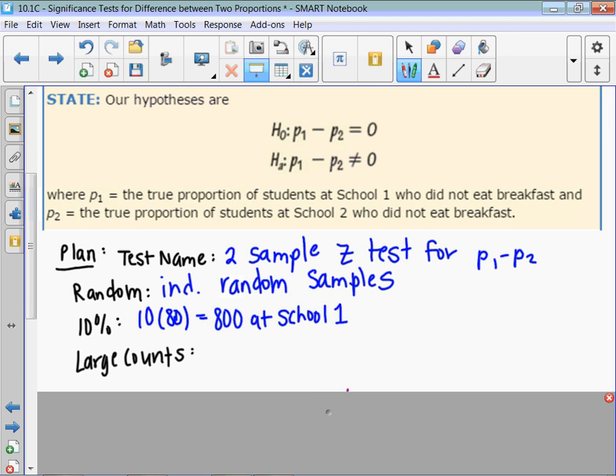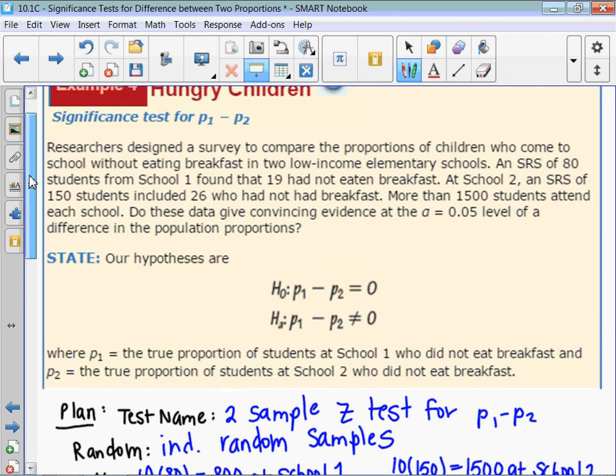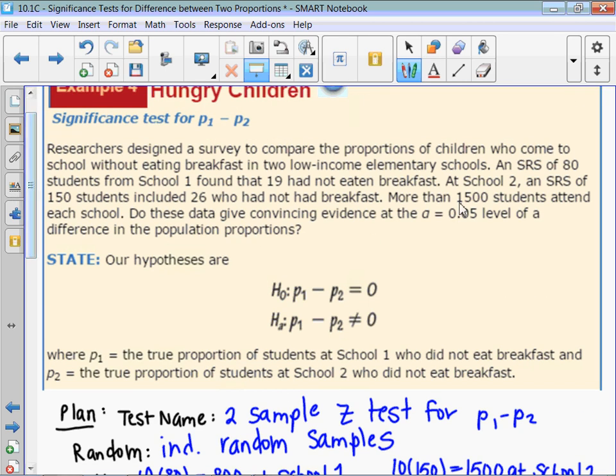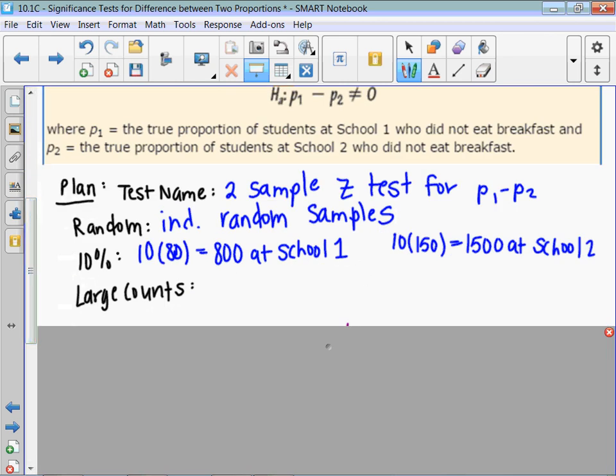And then we've got to have at least 10 times 150, so we need at least 1,500 students at school 2. So what does the problem say? More than 1,500 students attend each school. So we're good to go with the 10% rule.